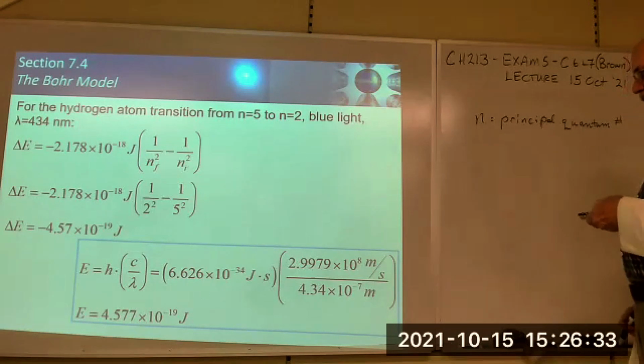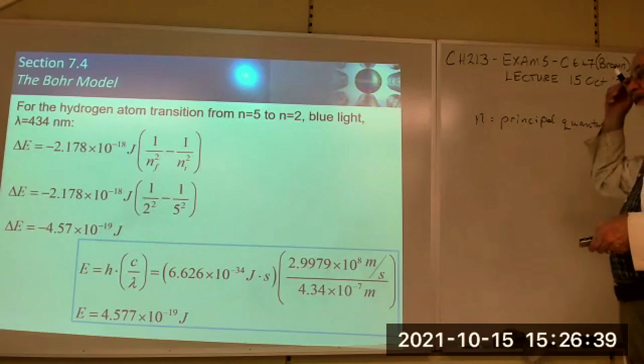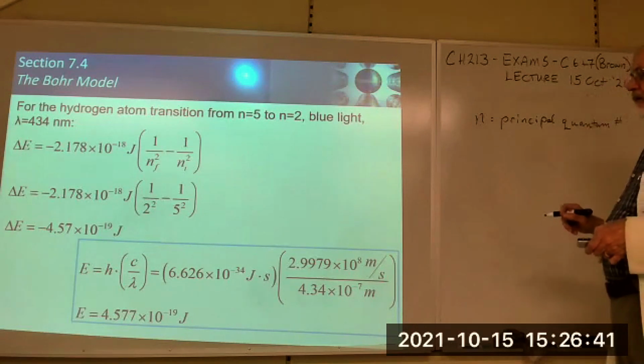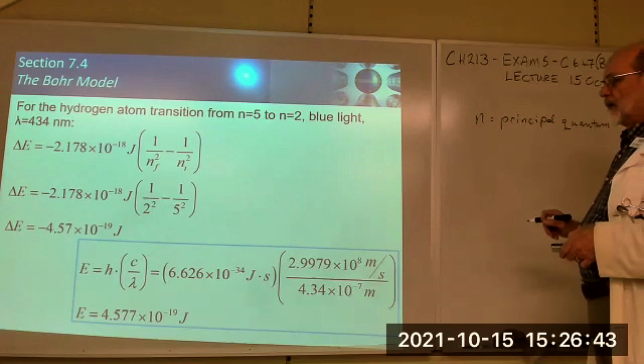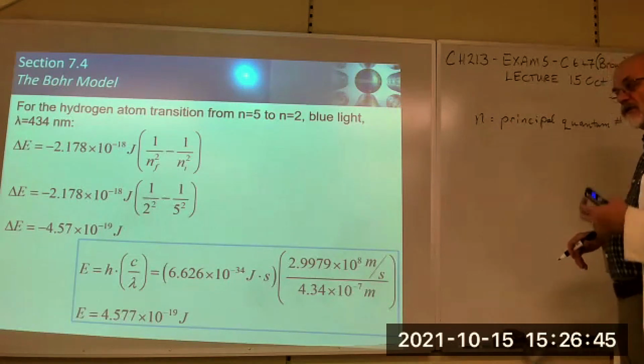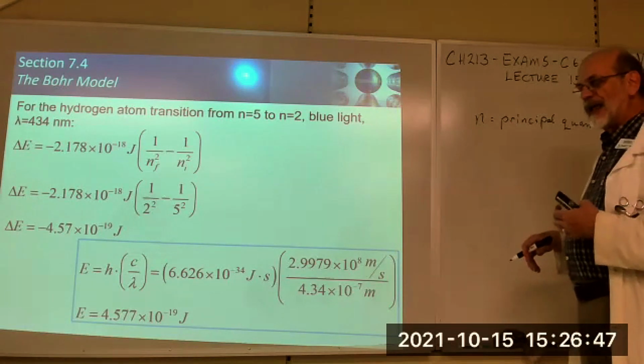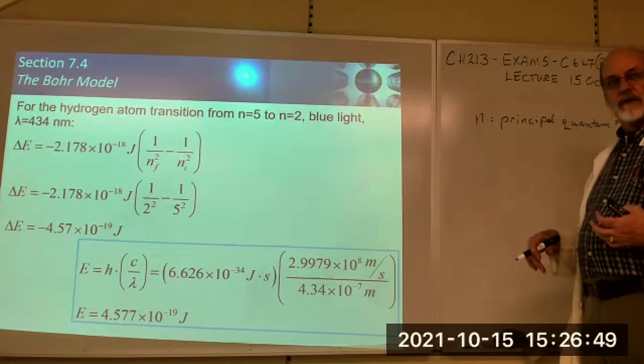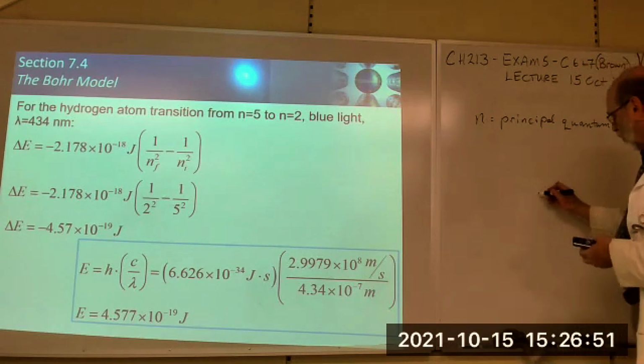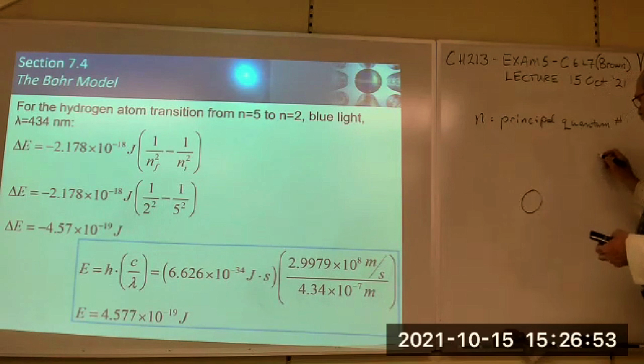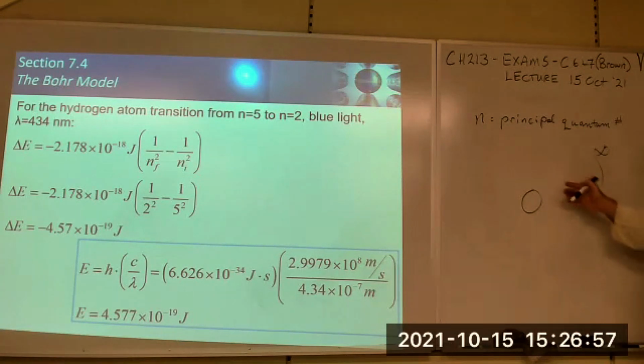And this one has a sign on it, because the closer you get to the nucleus, the more negative the sign. Because once you get away from the nucleus to a certain level, infinity, your energy relative to the nucleus is 0.